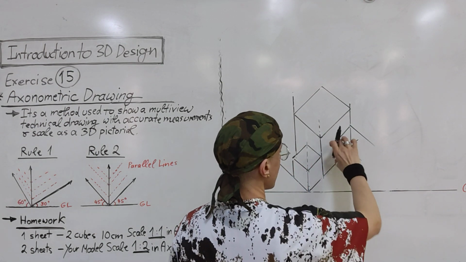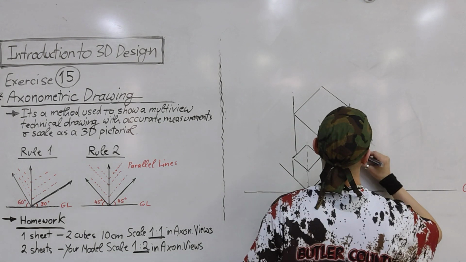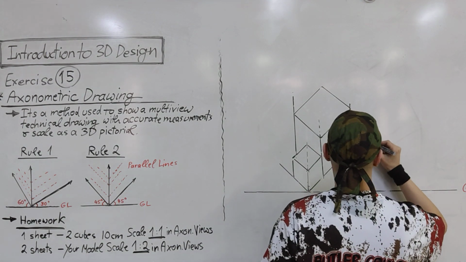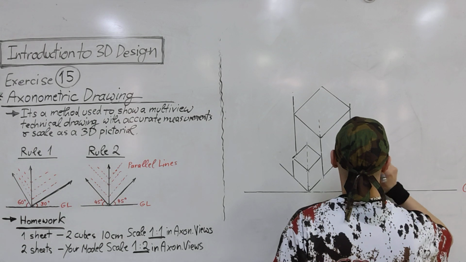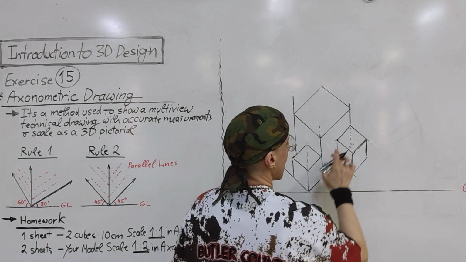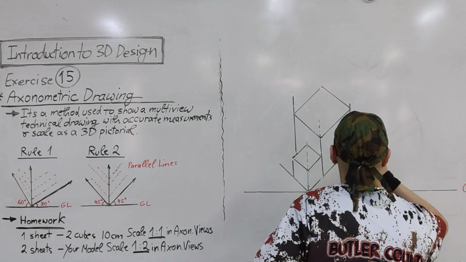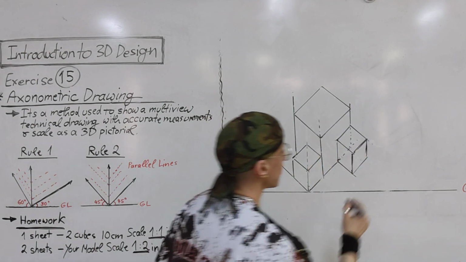So again, if this is 5, this is going to be 5 here. This up, this goes that way, this goes down. It's very easy drawings, but I'm drawing them just in case someone has a problem with them and needs more explanation.